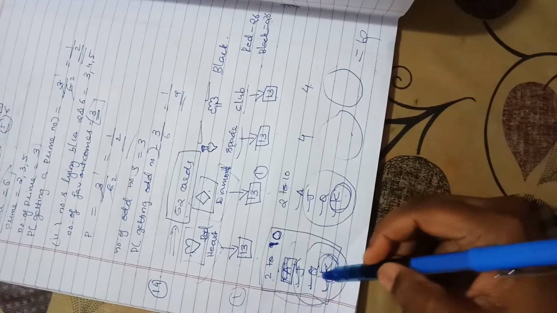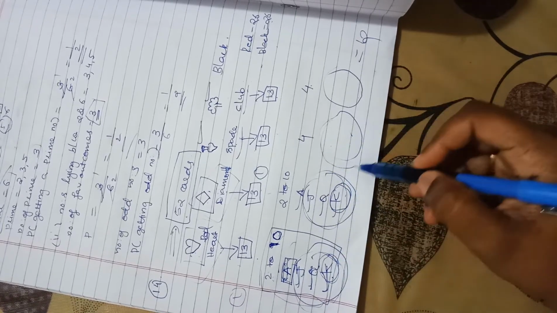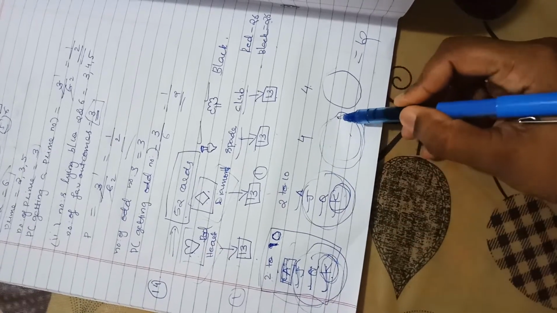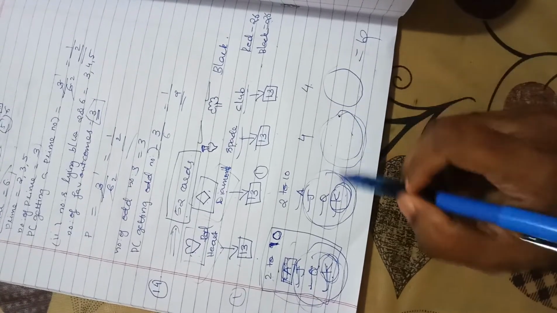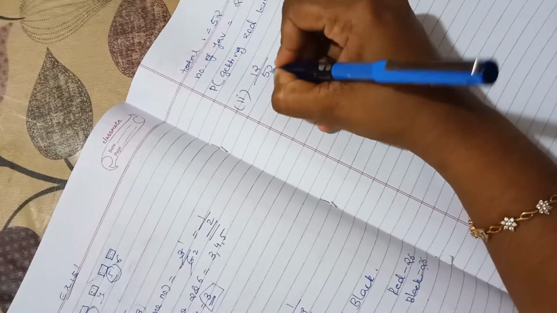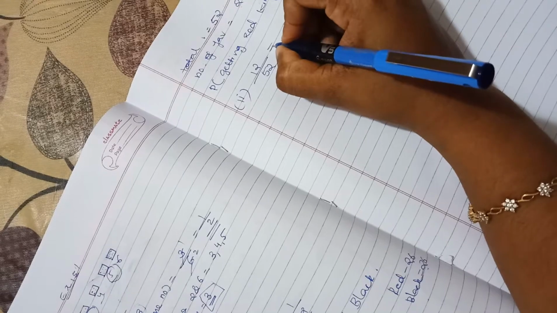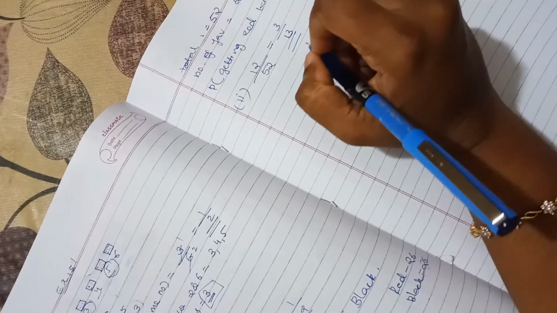So jack, queen and king are 3 face cards. Here also 3 face cards, here also 3 face cards. So you will get the answer 12 divided by total number of outcomes, 52. We can cancel it by 4. So we will get 3 by 13 as the answer.